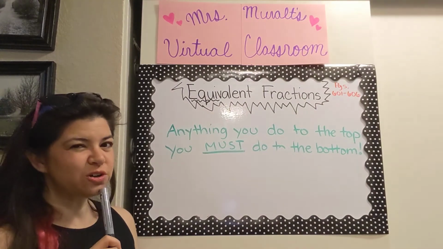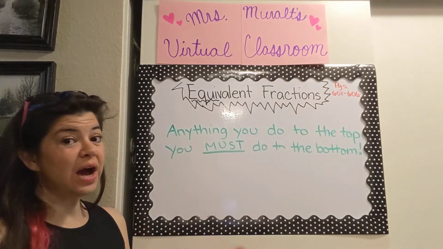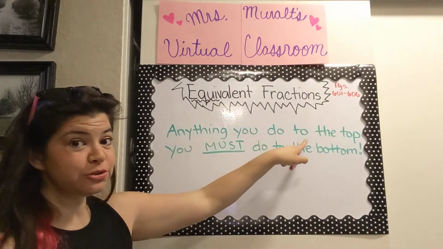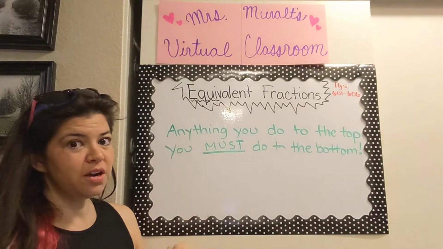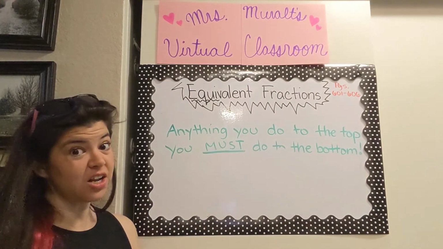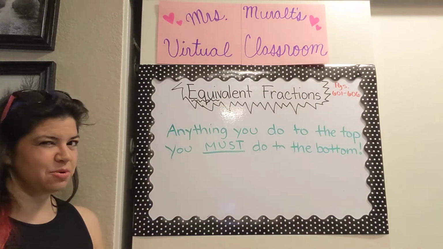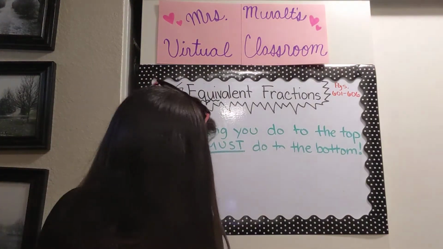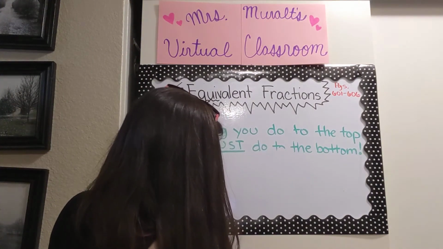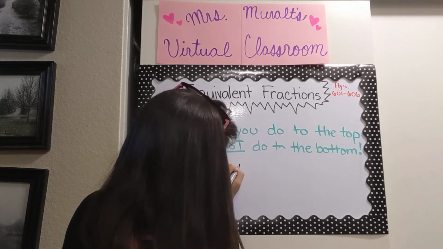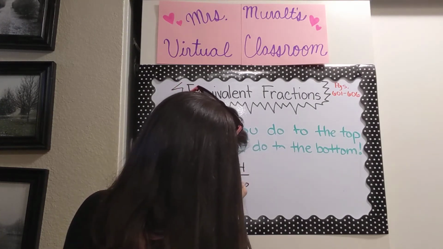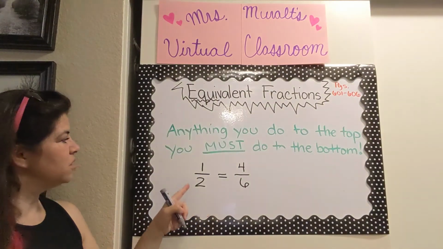So in order to see if it works or not, you have to practice doing anything you do to the top, you must do to the bottom. And if you can't, they're not equivalent fractions. For example, let's try this one.